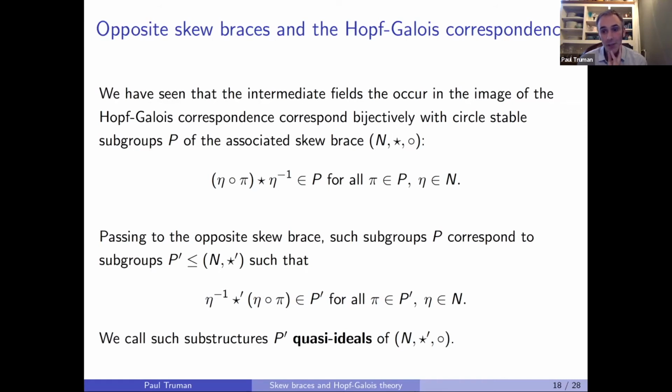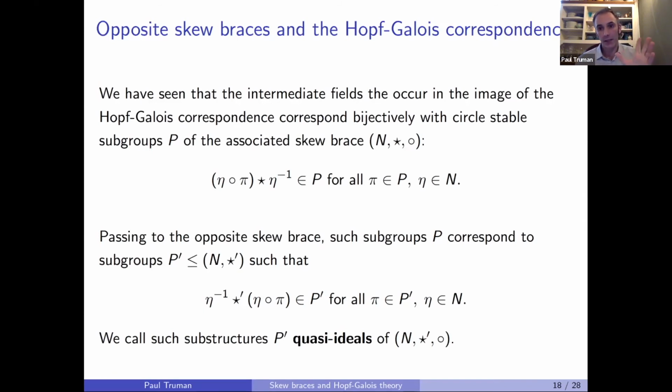That looks quite close to asking for P' to be an ideal of this skew brace, except that there's no particular reason why P' should be normal with respect to either of the binary operations. So Alan and I called these things quasi-ideals of the opposite skew brace, and then interesting things happen depending on how close P' is to being a genuine ideal.